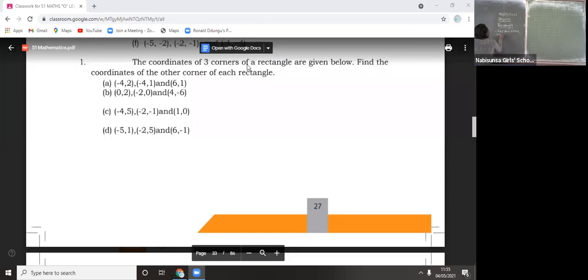A rectangle has opposite sides that are parallel and equal. What else? A rectangle has 2 lines of folding symmetry.